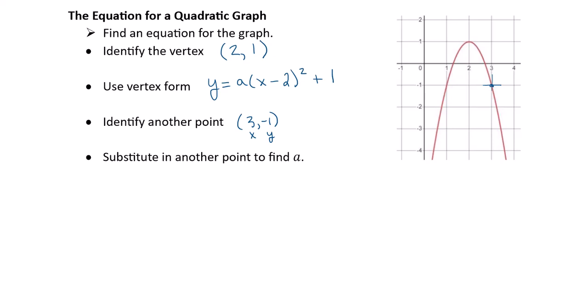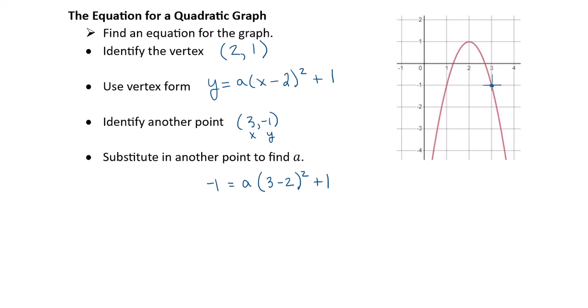So let's go ahead and substitute that point in, and then the only thing we'll have to find is a. So my y is -1 equals the a that I'm trying to find times my x, which is 3, minus 2 quantity squared plus 1.